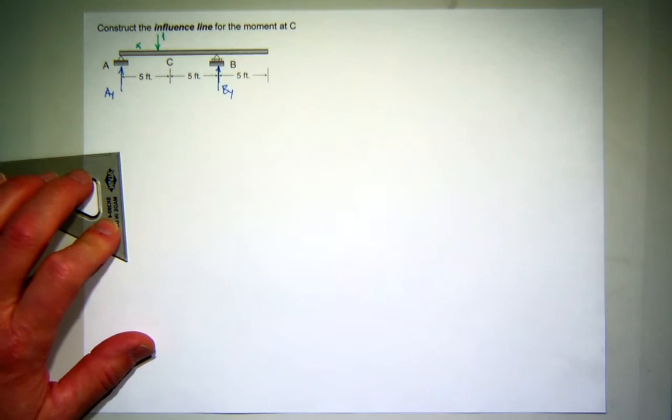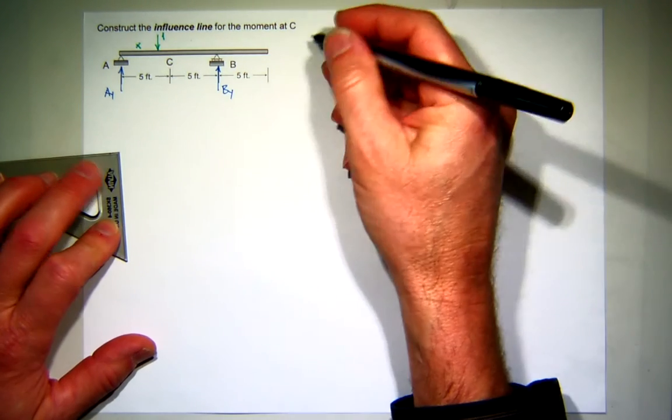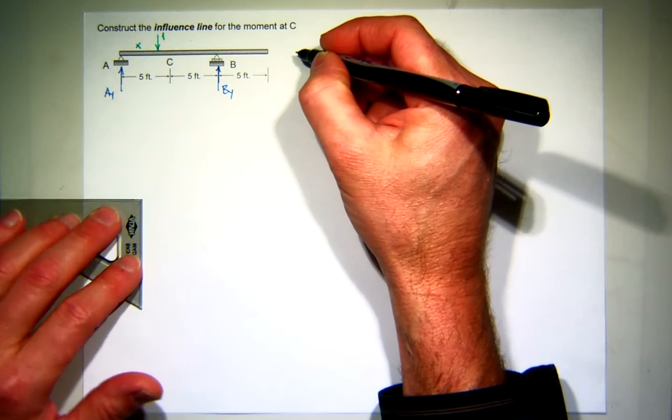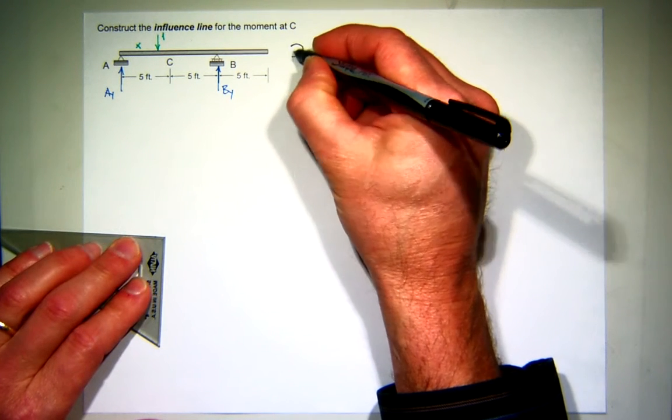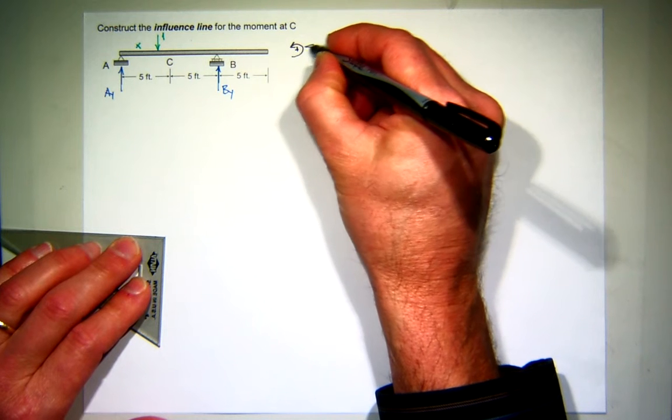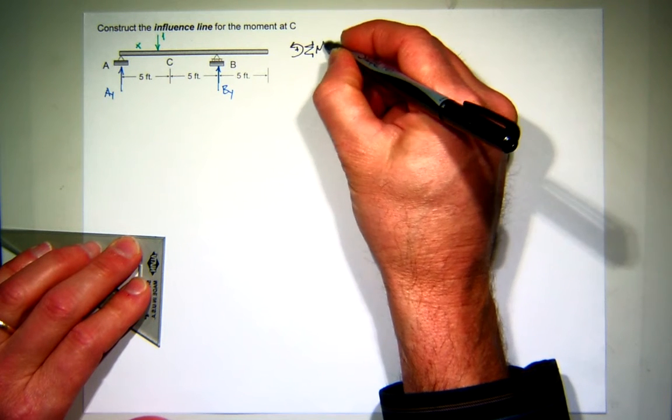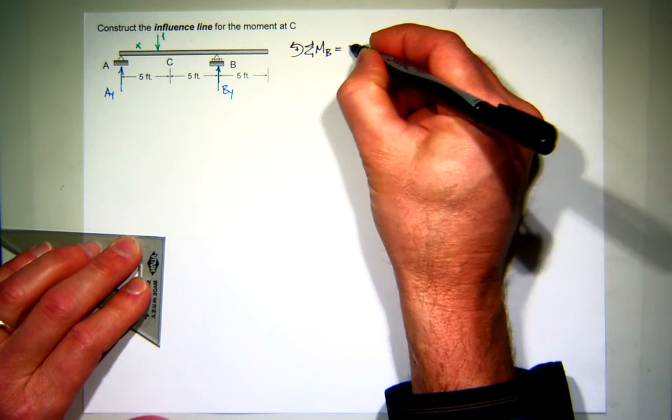operating at some position X. So how do we find the reaction at A? Moments at B. Take moment at B. And you guys know by now that I like right-hand rule for my sign convention. So we'll sum the moments at B and make sure it's in equilibrium.